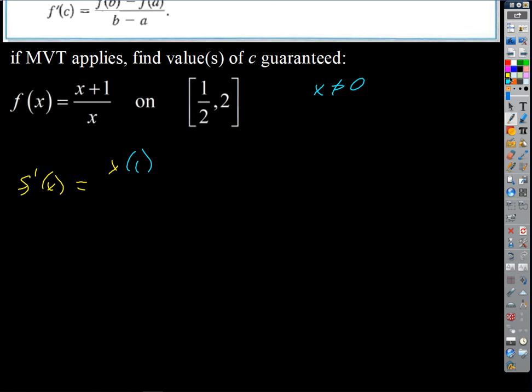Minus, good, quantity x plus 1. And we wouldn't have to write the 1, the derivative of the bottom is 1. All divided by... Okay, so what's that give us? x minus 1.